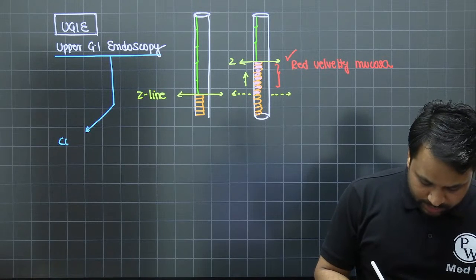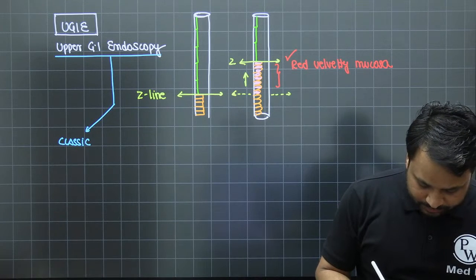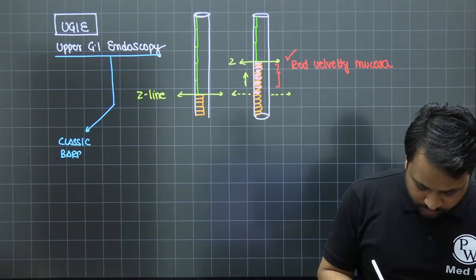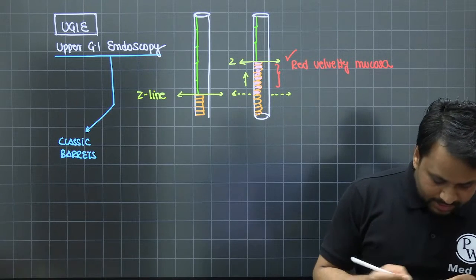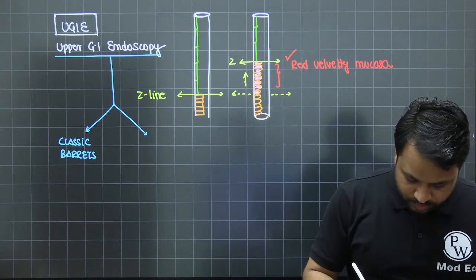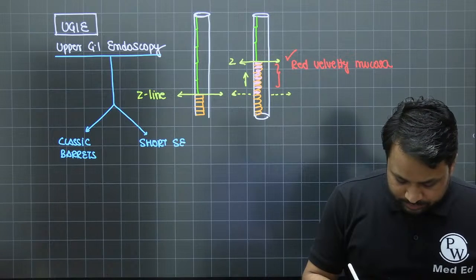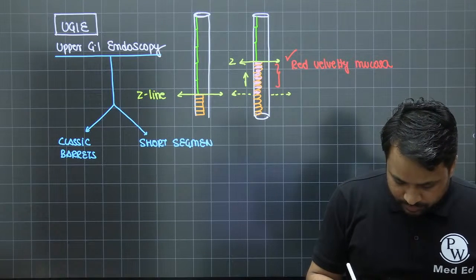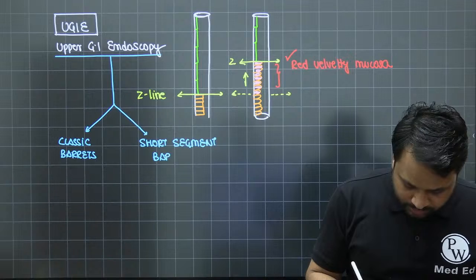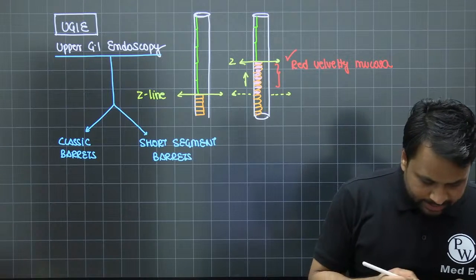One is what we call the classic Barrett's. Another one is what we call the short segment Barrett's.